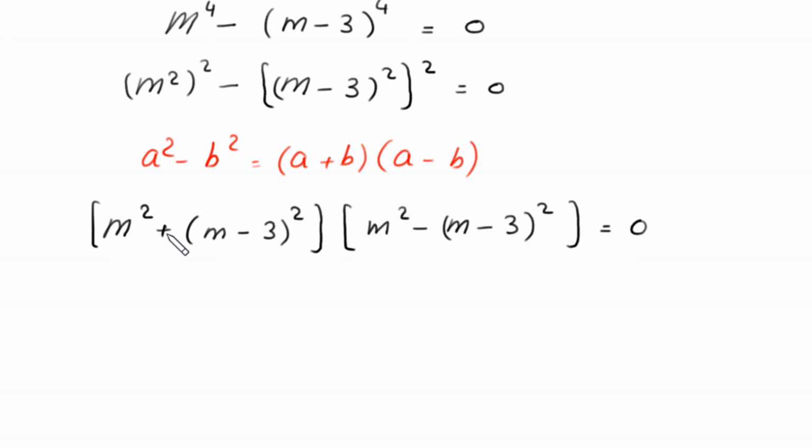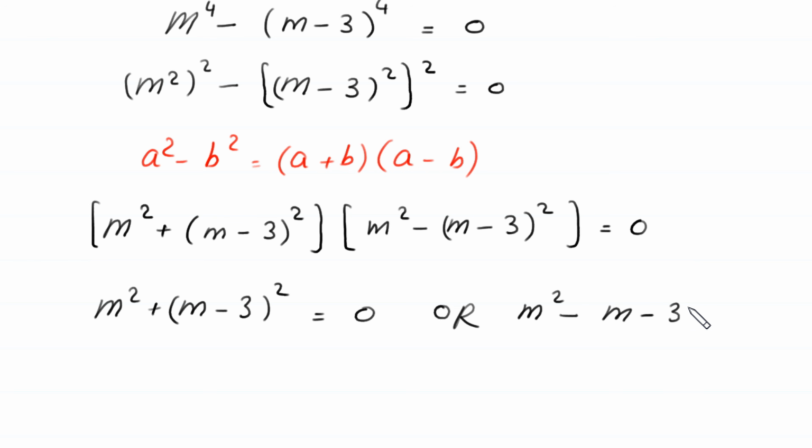Now from here either this expression m^2 + (m - 3)^2 is equal to 0, or this expression m^2 - (m - 3)^2 is equal to 0. So we have two cases. This is case 1 and this is case 2.